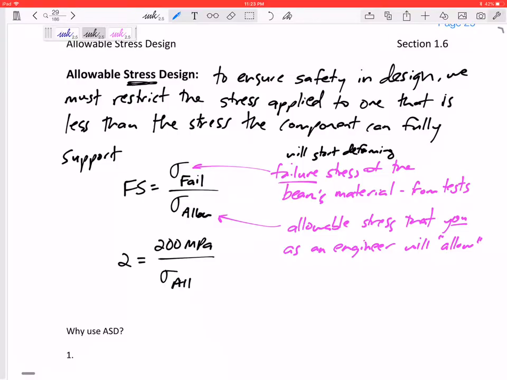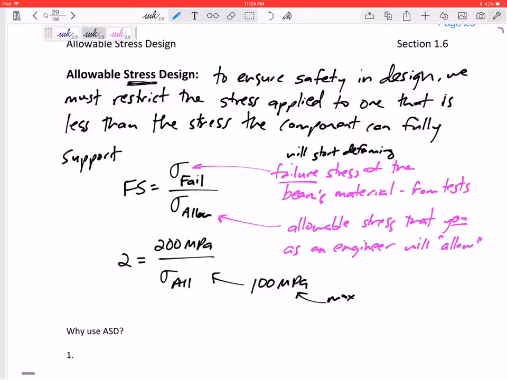If I use a factor of safety of 2, and I know that according to all these tests, the average stress that it will start deforming at is 200 MPa, well, you're only going to allow it to get up to 100 MPa, right? You're going to say, don't exceed 100 MPa. That's going to be my maximum allowable stress that I'm going to let happen.